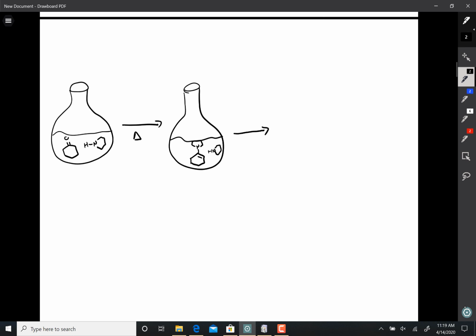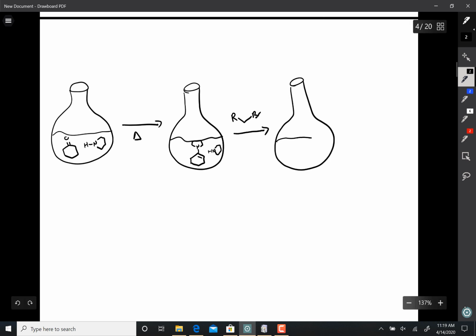What you do is then you add in your electrophile, or your Michael acceptor, or your acid chloride to this, and let it do its reaction. And then you throw in water and purify your compound and try to isolate it the best you can.